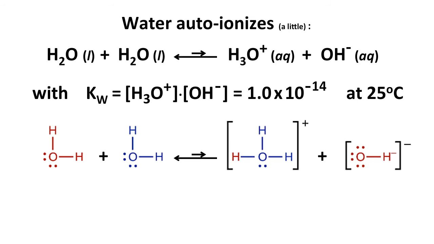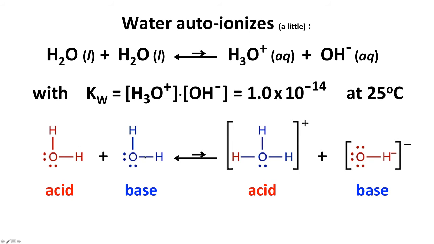And here's a Lewis dot structure, molecular level representation. Here are some water molecules, and one of these water molecules, only one of very, very many, will transfer a proton to a different water molecule. And so we have an acid and a base. This molecule acts as an acid because it donates a proton.